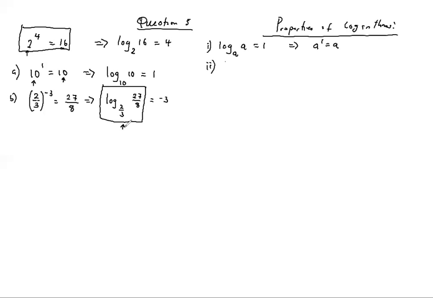Okay, so we also have a property that says if I have log a of x to the power b, this will be the same as b log a x. So the log is able to drop the power. First thing. Second thing, the third thing again is I'm able to change the base from a to b by taking b there, dividing by this.